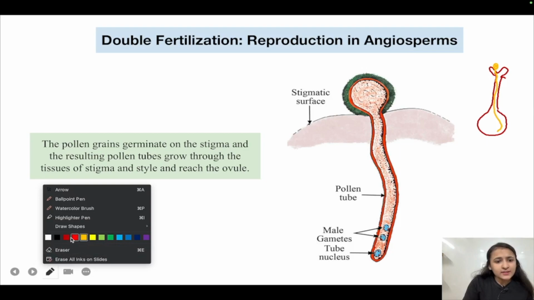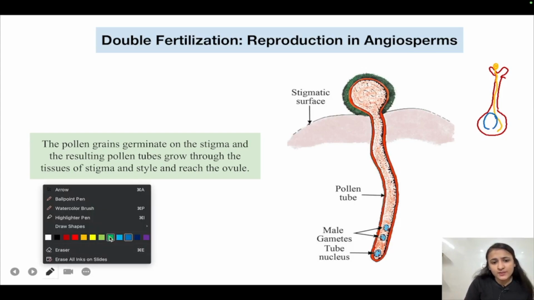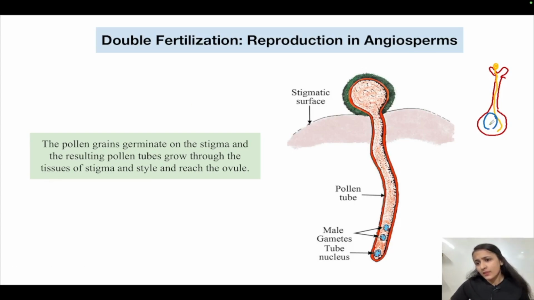In the ovary, an ovule is present like this with an opening. And inside the ovule is present what? The embryo sac. And the embryo sac has what?